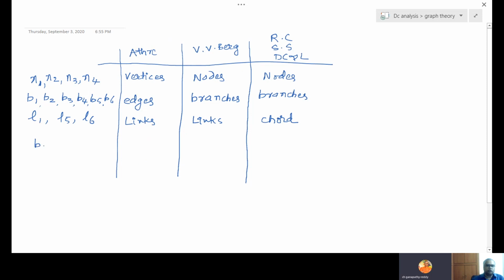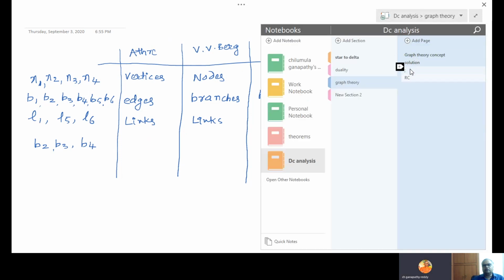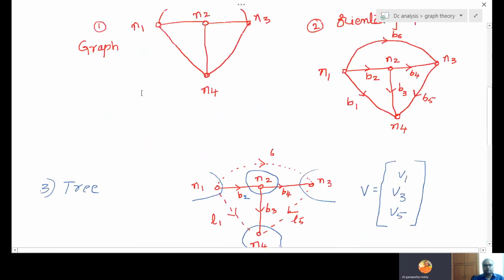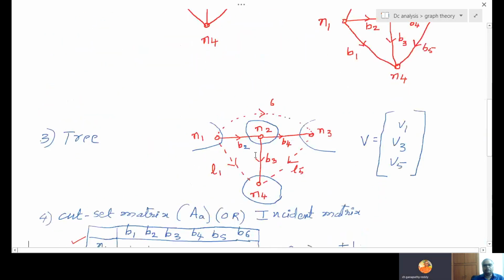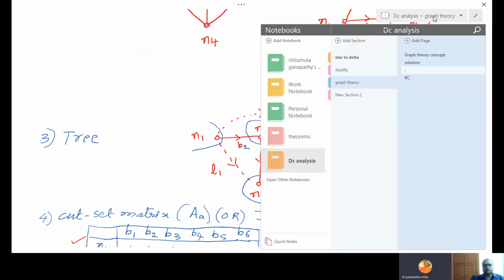Then B2, B3, B4. What is the speciality of B2, B3, B4? These are the thick lines, no? They are appearing like thick lines.